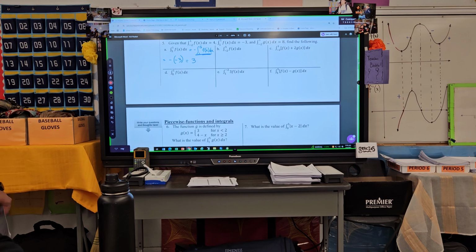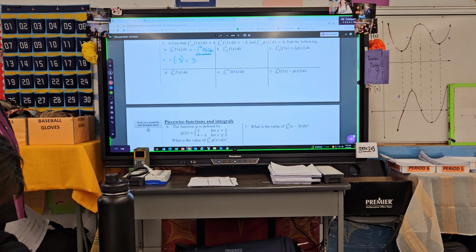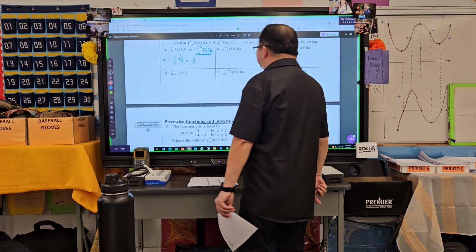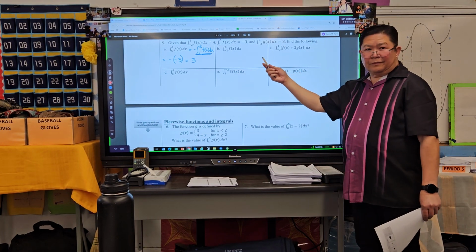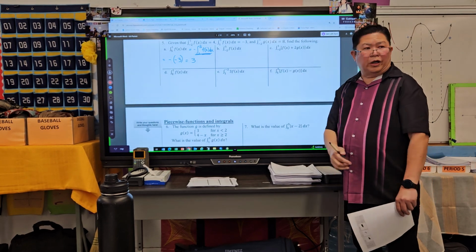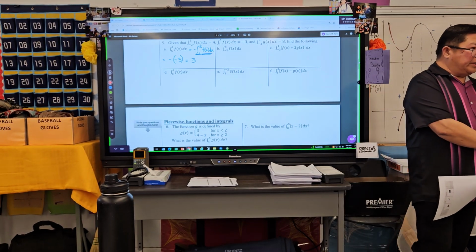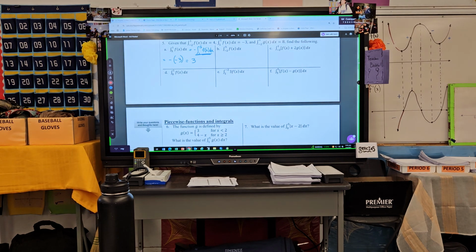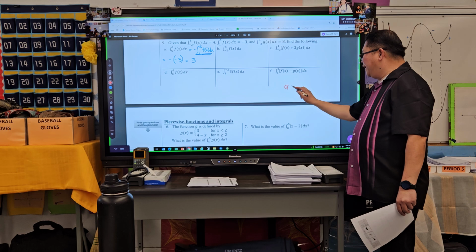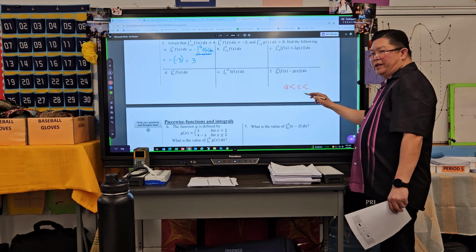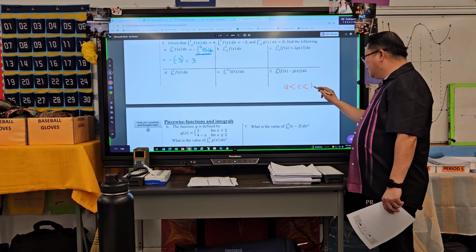What do you notice for letter B? A while ago, can you still recall that A is less than C, meaning C is between A and B, right?